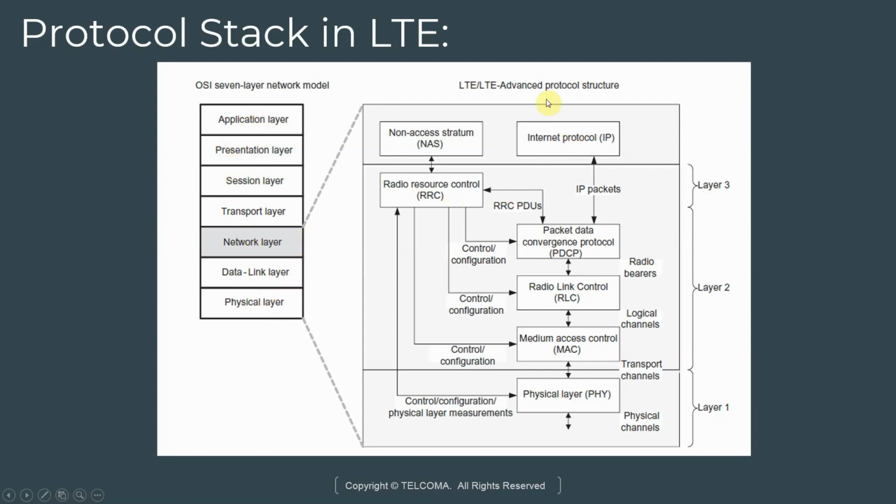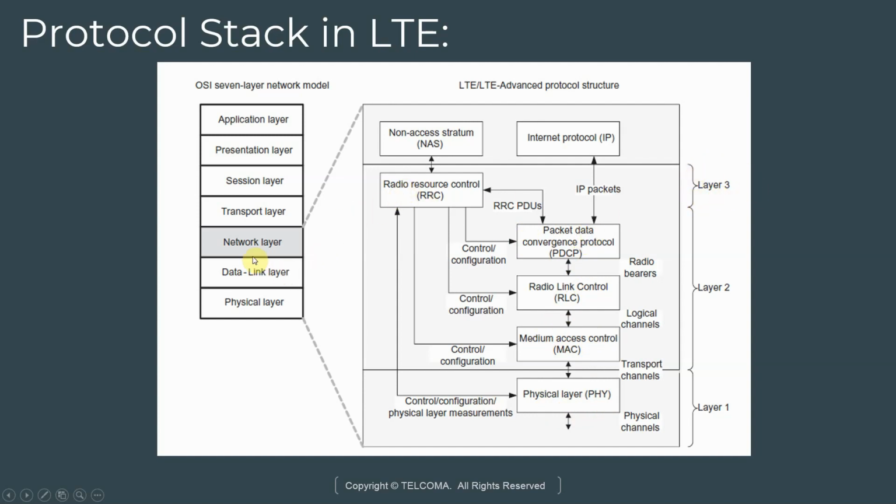And what this picture shows you is how the first 3 layers are mapped to the LTE protocol. We have layer 1, layer 2, layer 3, and on layer 1 we have the physical, and then on layer 2 we have the MAC, radio link control, and PDCP, and layer 3 is the RRC.